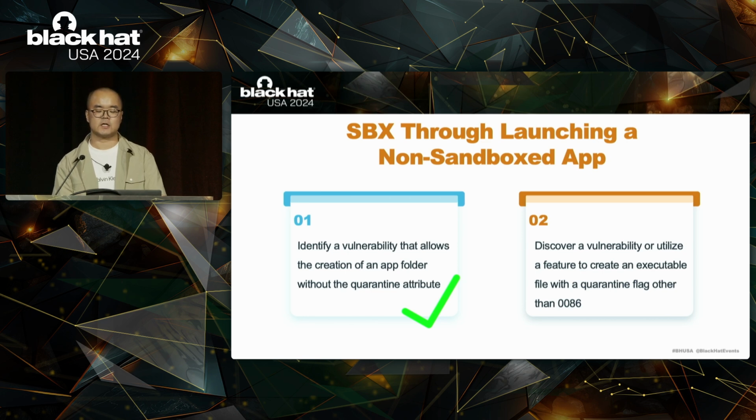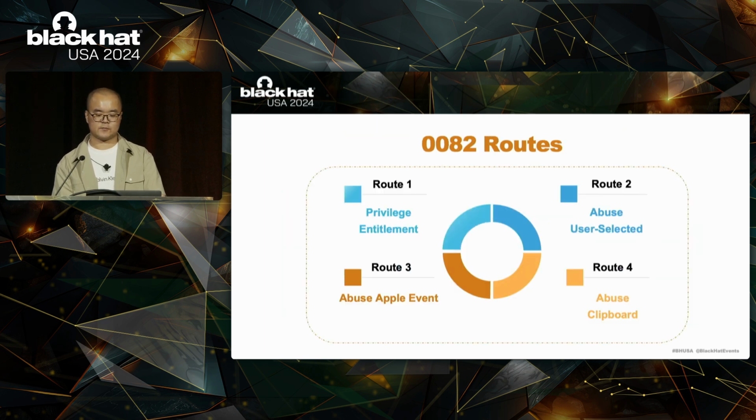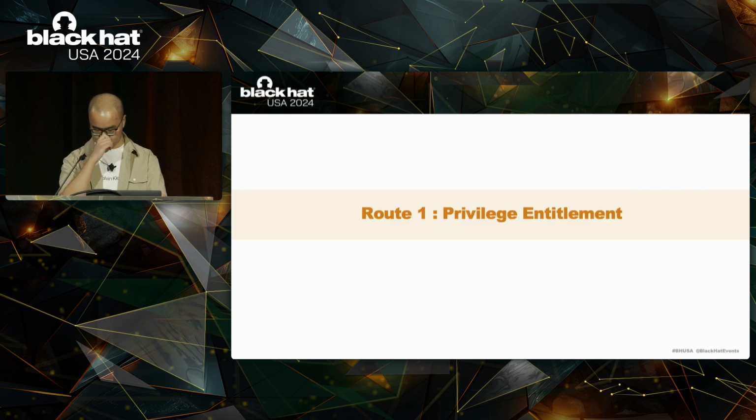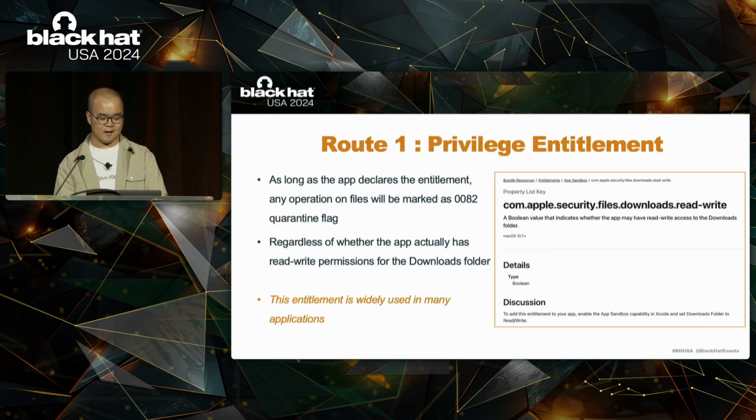In fact, macOS has significant issues when determining if an operation is user-approved. I will introduce 4 different routes to achieve this. Route 1, privilege entitlement. As long as the app declares the entitlement, any operation on files will be marked with a 2 quarantine flag, regardless of whether the app actually has read-write permissions for the downloads folder.